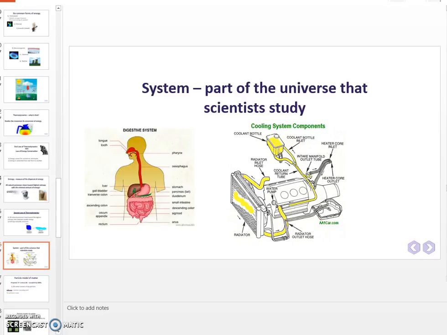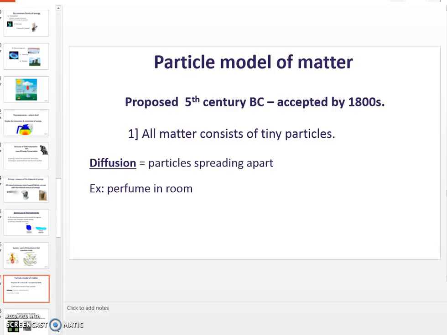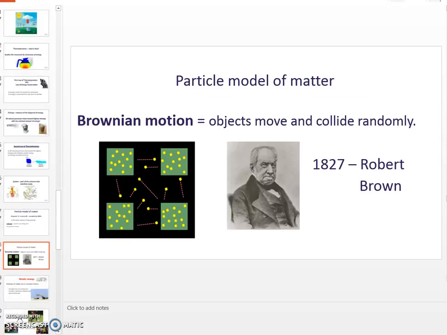Okay? The particle model of matter: basically, all matter consists of tiny particles. Remember, particles is the nice code name for atoms and molecules. Diffusion is particles that spread apart. Think perfume in a room.